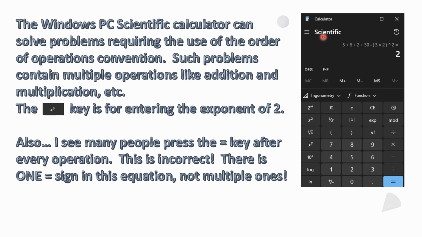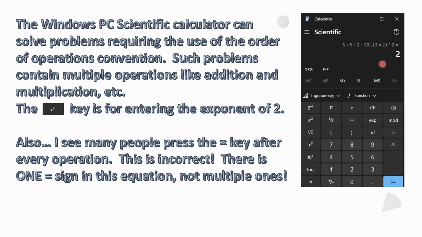And that's where you have addition, subtraction, multiplication, division, anything like that. You got multiple operations, and you use this little x to the y key for entering in that exponent of 2. So you see that when I enter that in, this scientific calculator, you do get the correct answer of 2.